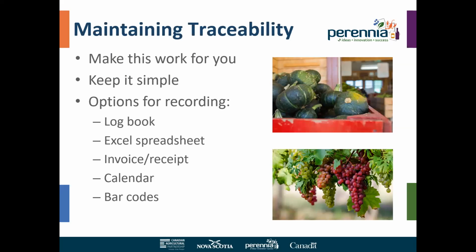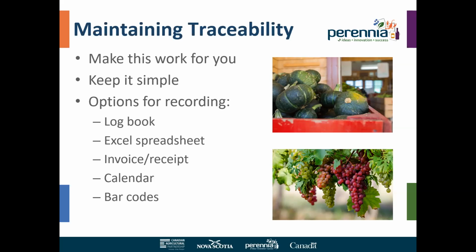And then maintaining traceability. Make this work for you. This doesn't have to be anything formal. Just keep it simple. Whatever you're using now to track your sales, you can simply modify that or use it for traceability. So maybe you're just using harvest dates and you're putting them on invoices or logbooks. If that's what you're doing, as long as you can trace it, that is okay.